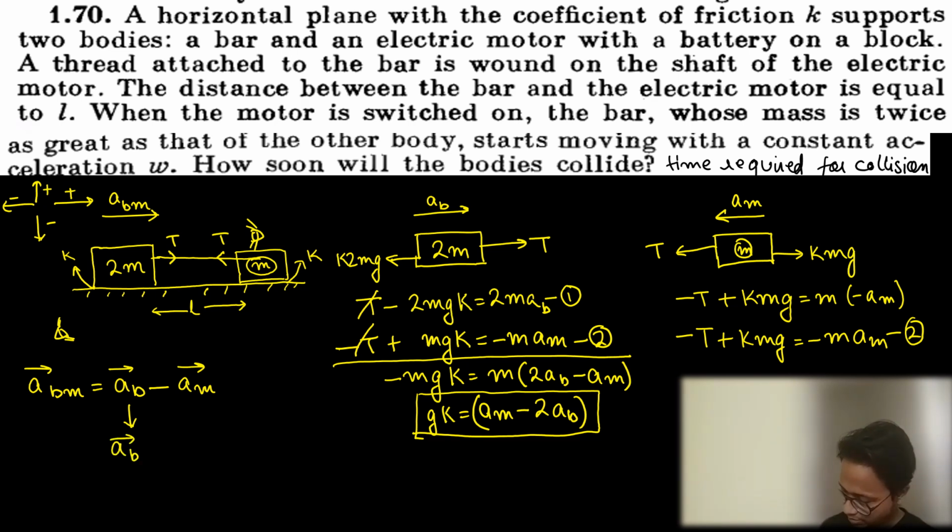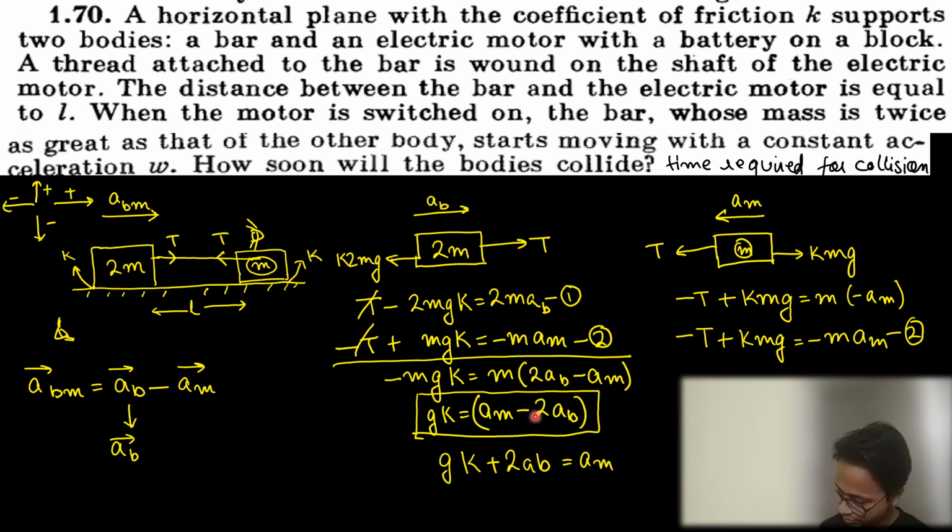Now see, acceleration of motor in terms of acceleration of block can be given by this diagram. So acceleration of block is nothing but g k, or acceleration of motor is nothing but g k minus 2 AB, or g k plus 2 AB is equal to acceleration of motor.